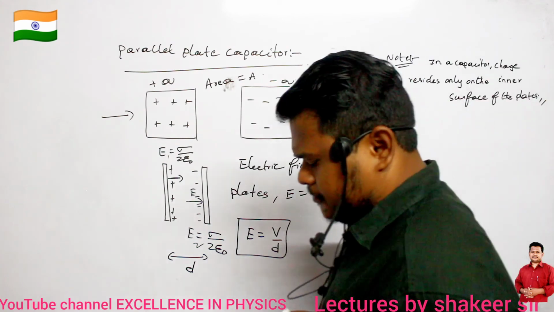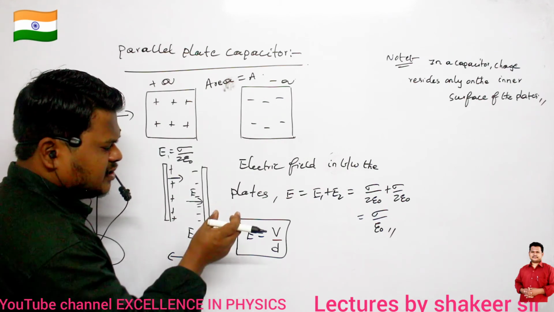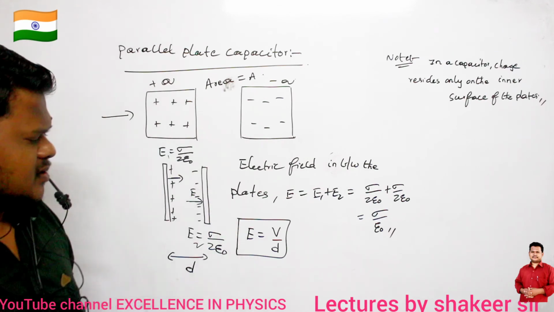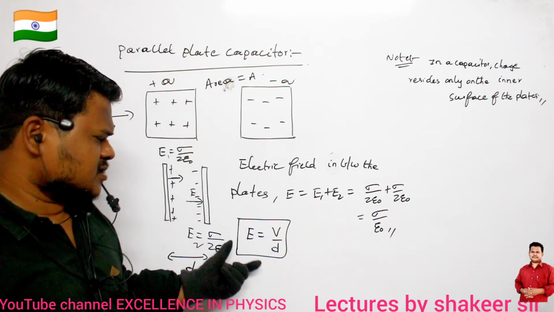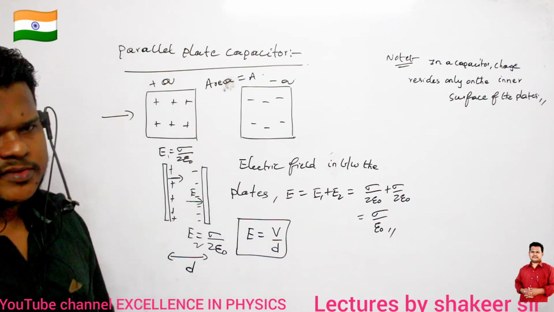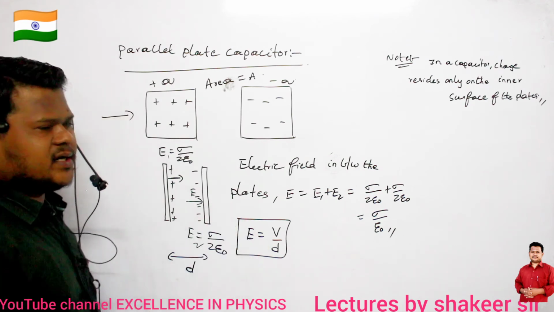Electric field is also defined as the potential gradient, meaning how potential is changing with respect to distance. So instead of writing in differential form, I can write it like this if electric field is constant. Therefore E equals V by D.